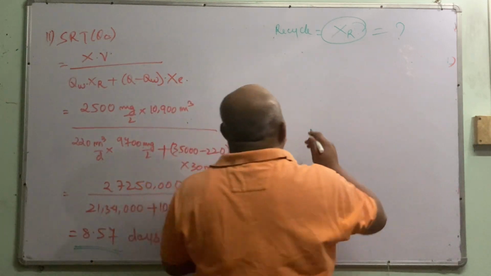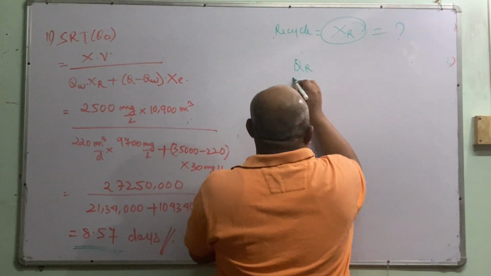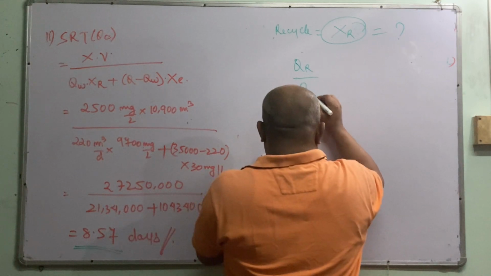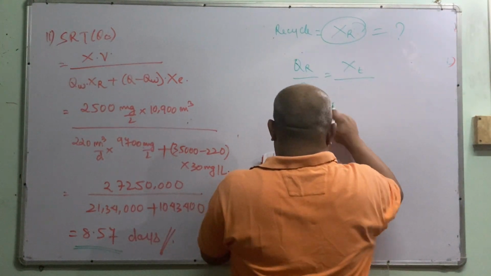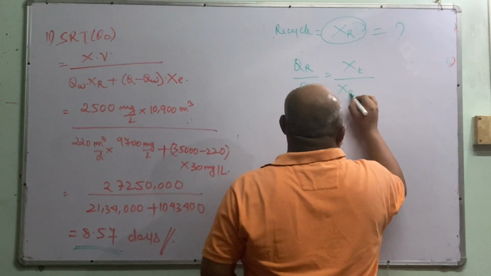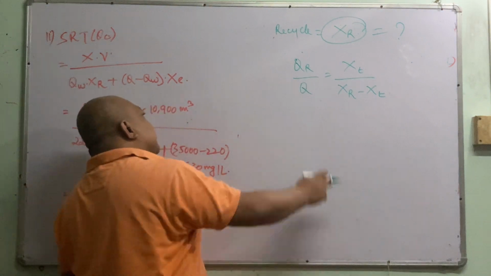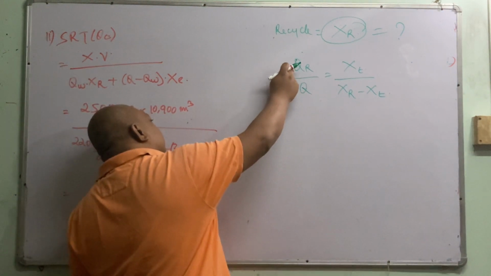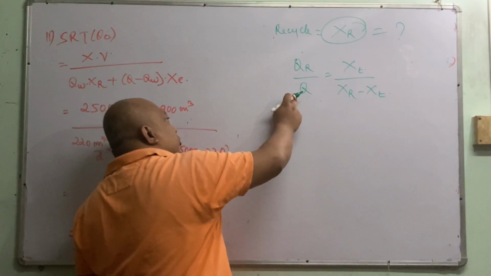Okay. To see this, what we do is QR, how much the sludge should be recycled, should be equal to XT divided by XR minus XT. See over here, this is the amount of sludge that has to be recycled, the flow rate, and this is the actual flow rate.